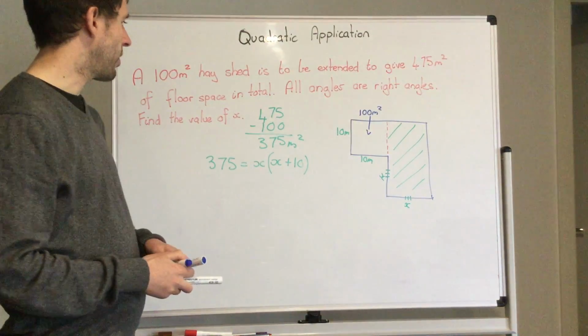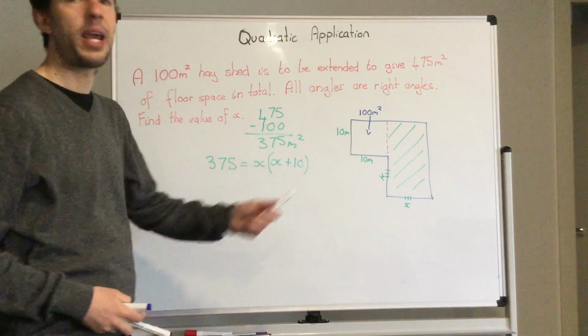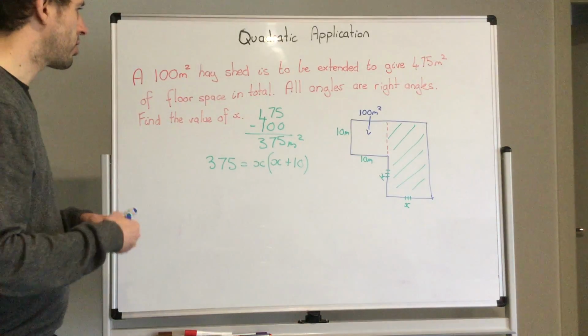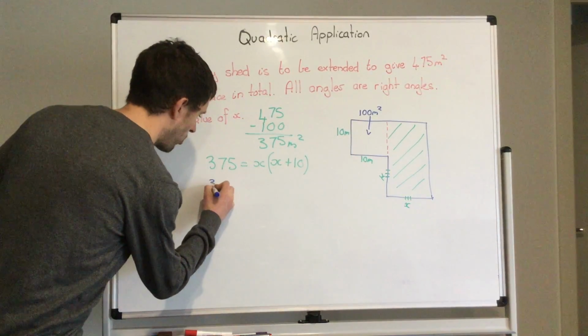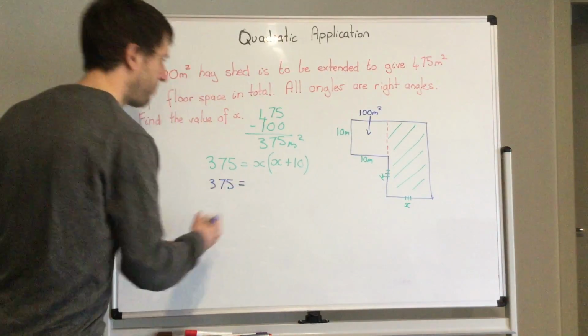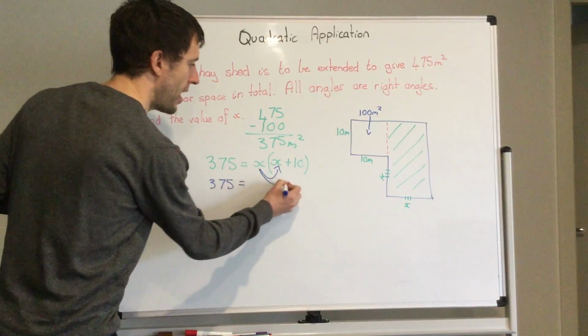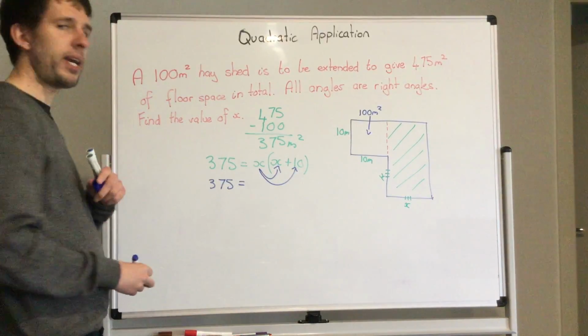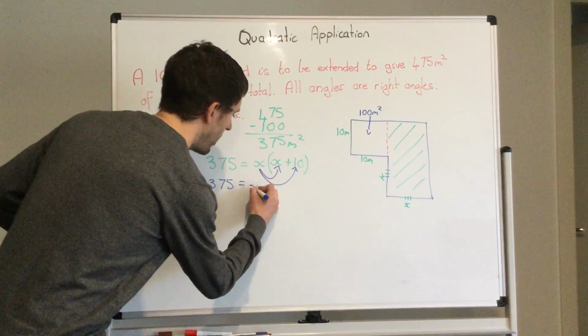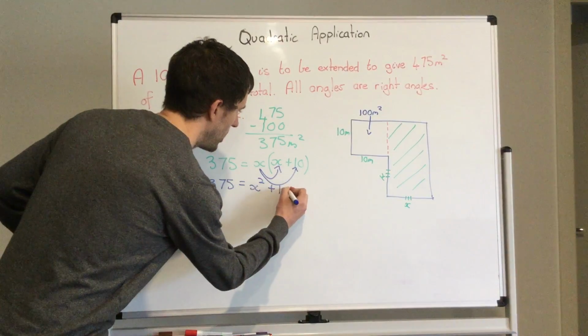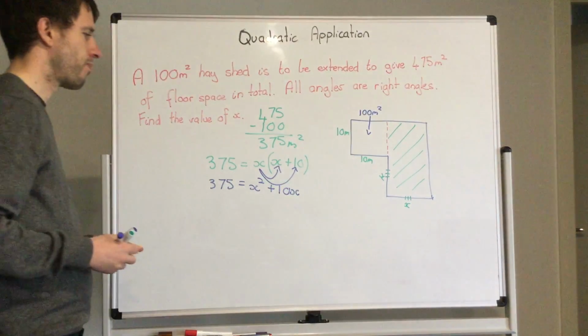The next thing that we are going to be doing is we need to expand our bracket. So I'm going to expand it now. So I've still got 375. X times x, because this x times by everything in the bracket. So x times x equals x squared plus 10x.